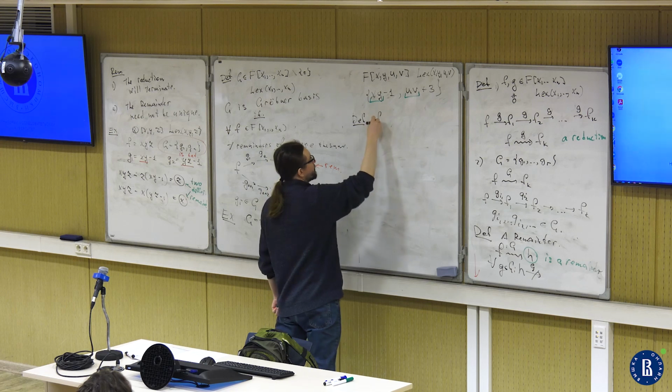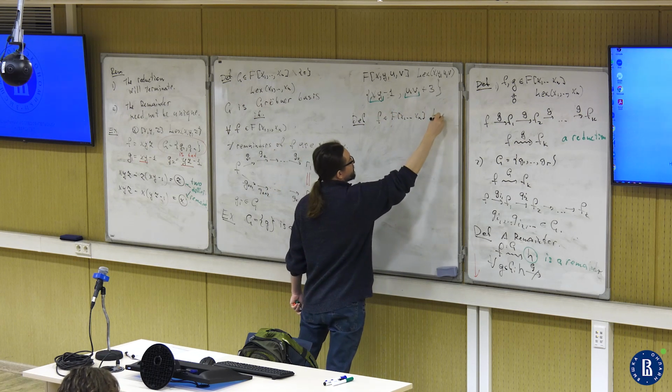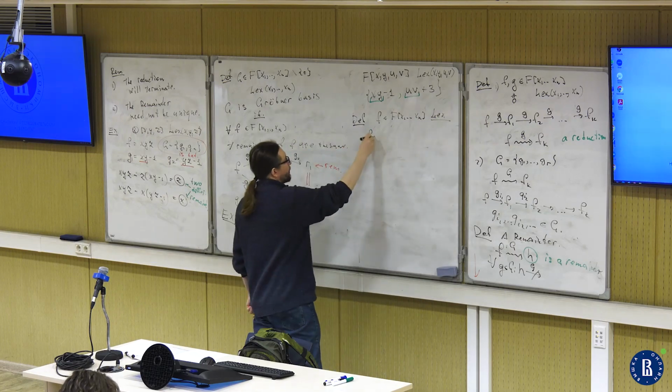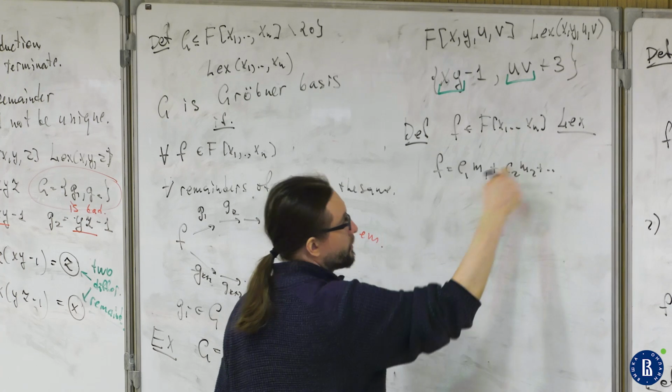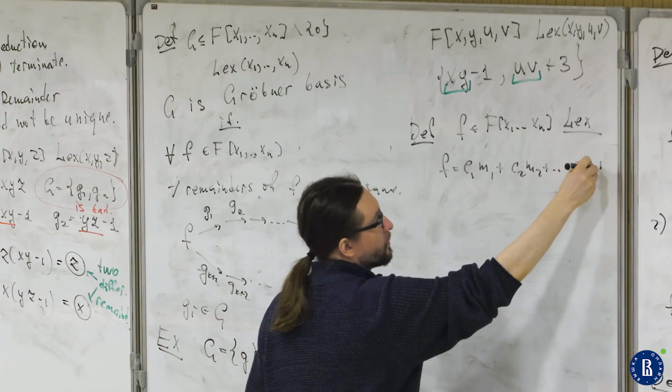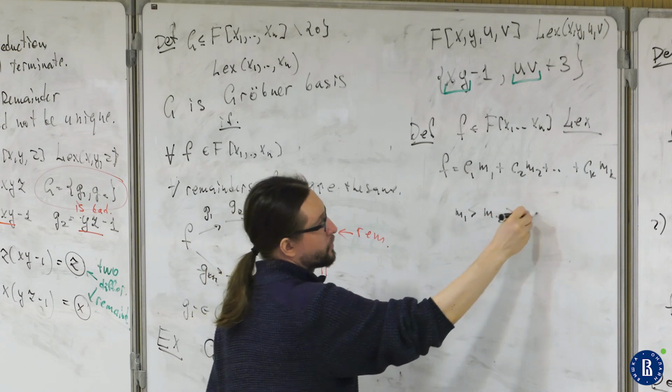So if we have a polynomial and some lexicographical ordering, we can rewrite our polynomial in this form, where m1 is strictly greater than m2 and so on, down to mk.